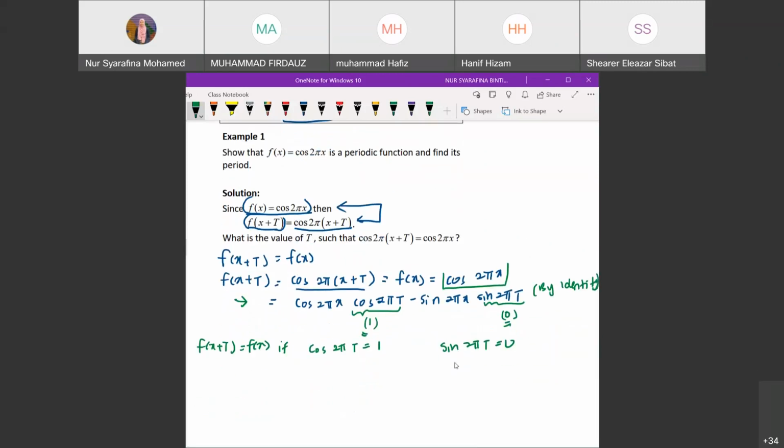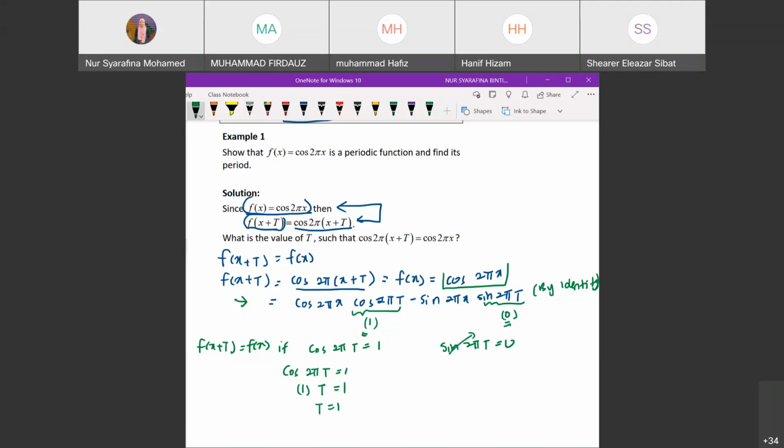All right, so now we can find the value of T. When cos 2πT equals 1, what is T? cos 2π is always equal to 1. So this is 1, this is T, so T equals 1. Then sin 2π equals what? sin 2π equals 0.